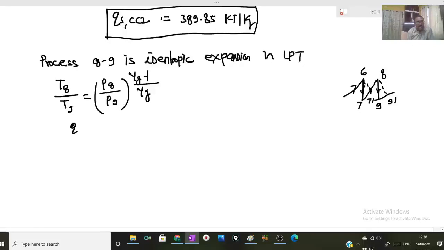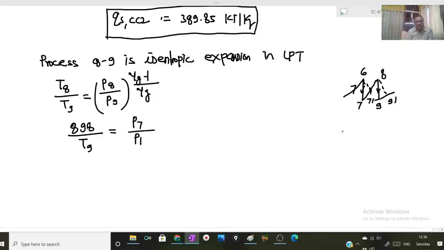T8 is 898. Now once again T9 is not known to me. So T9 is to be calculated. Now this P8 is actually P7 and P9 is actually P1.